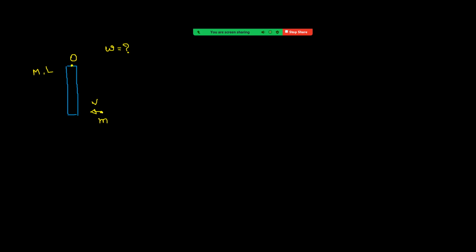That means about this axis of rotation, the net torque on the system, that is the rod and particle system, is 0. That means we can conserve angular momentum of the system.